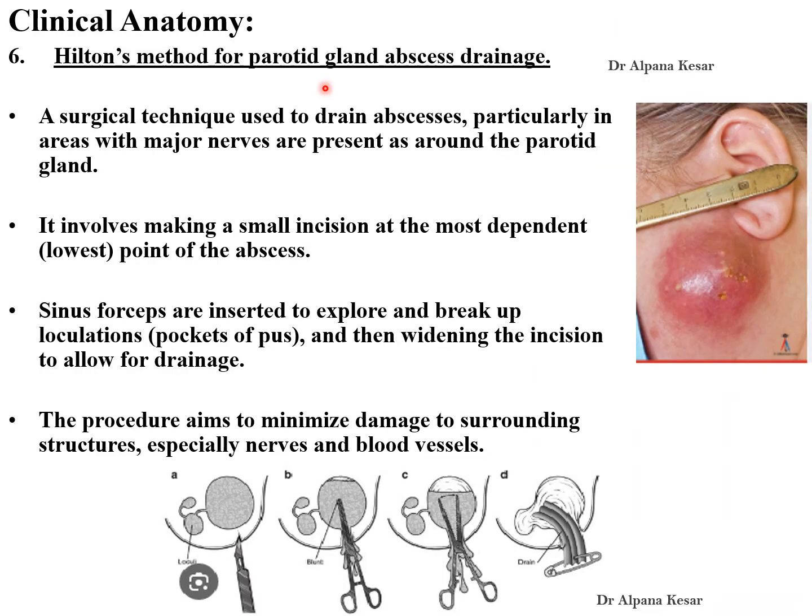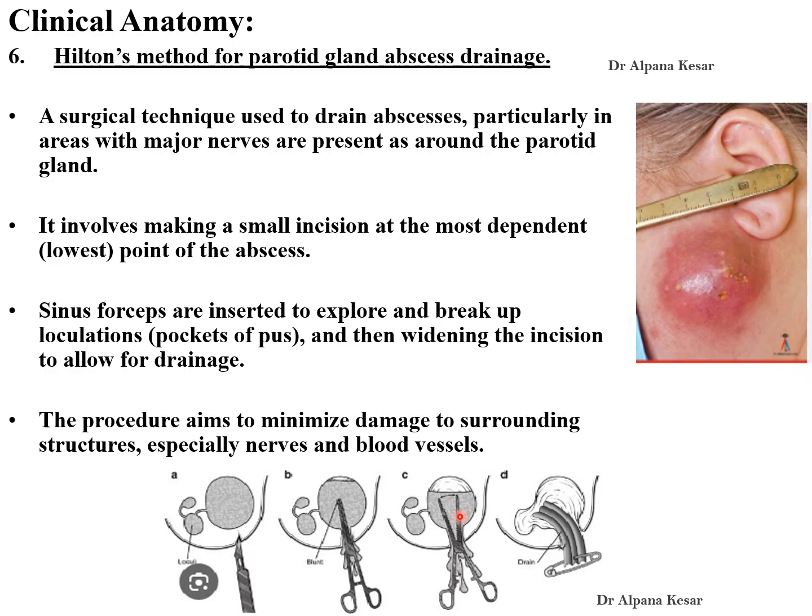Hilton's method for parotid gland abscess drainage. It is a surgical technique which is used to drain abscess in the region of the parotid gland. It involves making a small incision in the most dependent part of the abscess. After that, sinus forceps are inserted, which are then used to break the loculations or pockets of pus within the abscess.